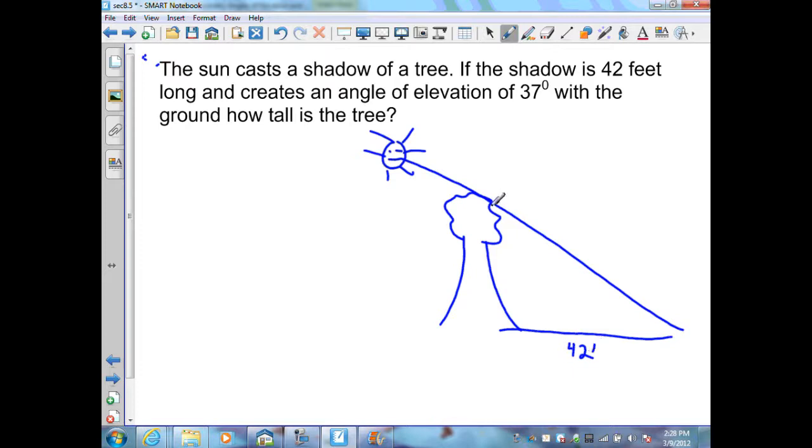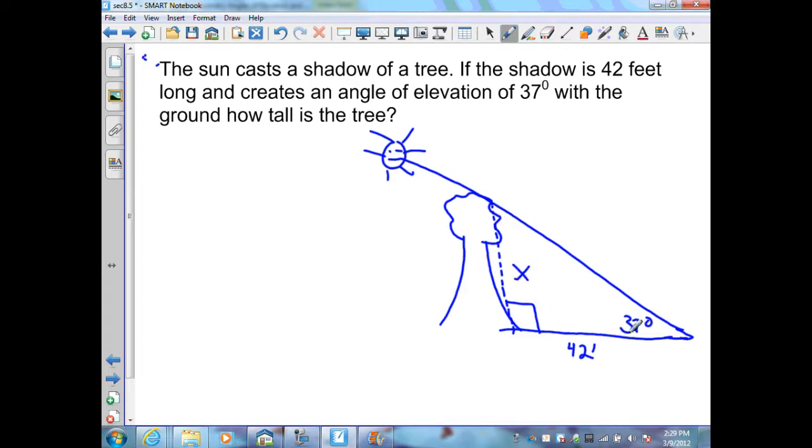And what we want to do is to drop an altitude from the top of the tree to the ground. Altitude creates a 90-degree angle. We're also given in the problem that I have an angle of elevation with the ground of 37 degrees. We want to know how tall is the tree, and we can let that value be x.